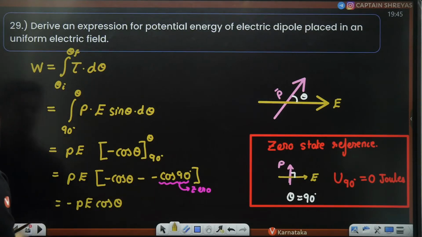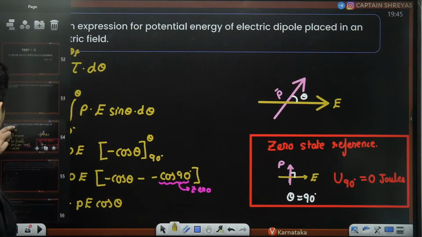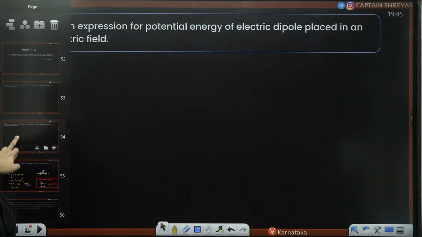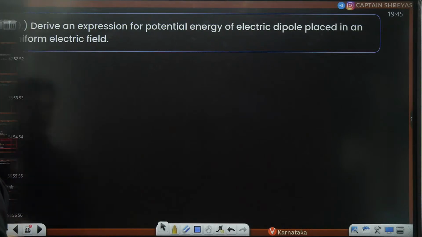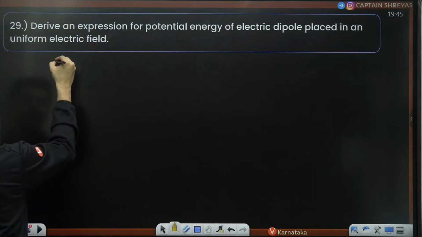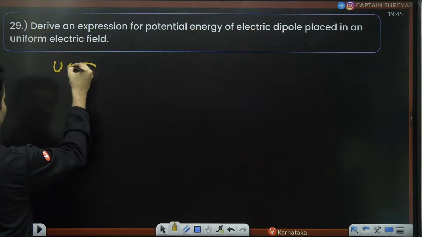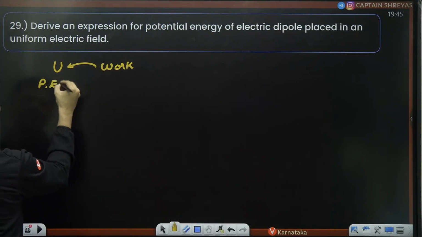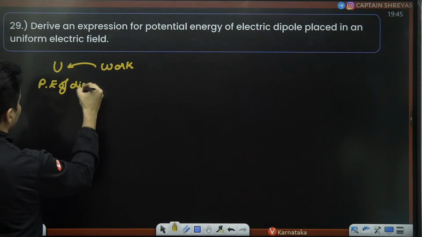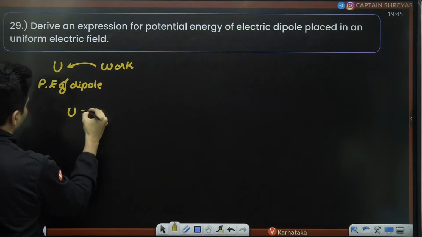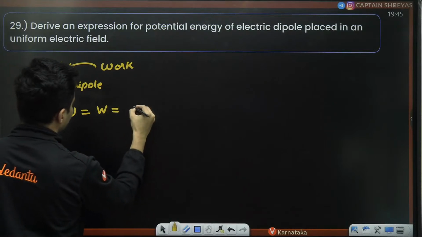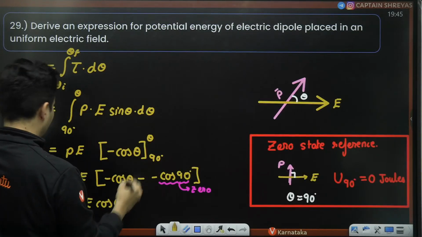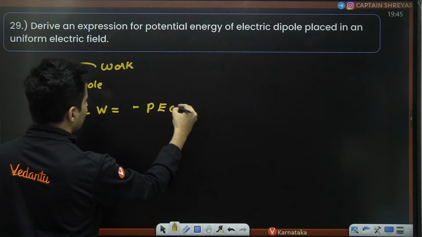But you can also do one more thing. Let me just duplicate this and put it on the next slide. Whatever work is done will go into the electrical potential energy of that dipole. So therefore the energy will be W, which is negative PE cos theta.